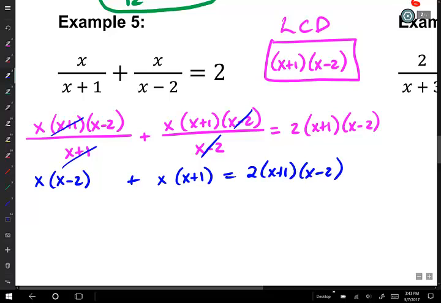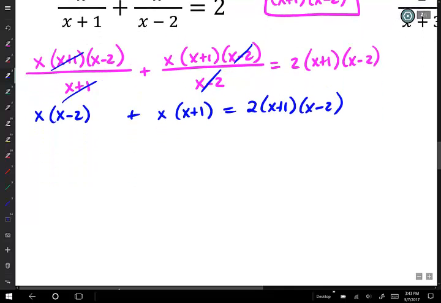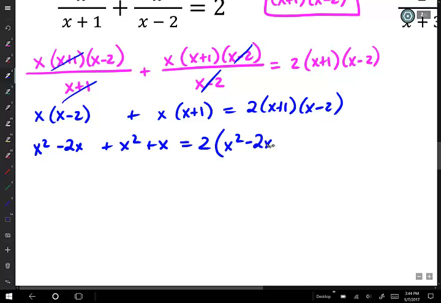Now we're going to need to distribute, and we're going to have a quadratic problem that we can solve from there. X squared minus 2x plus x squared plus 1x equals 2 times x squared minus 2x plus 1x minus 2.